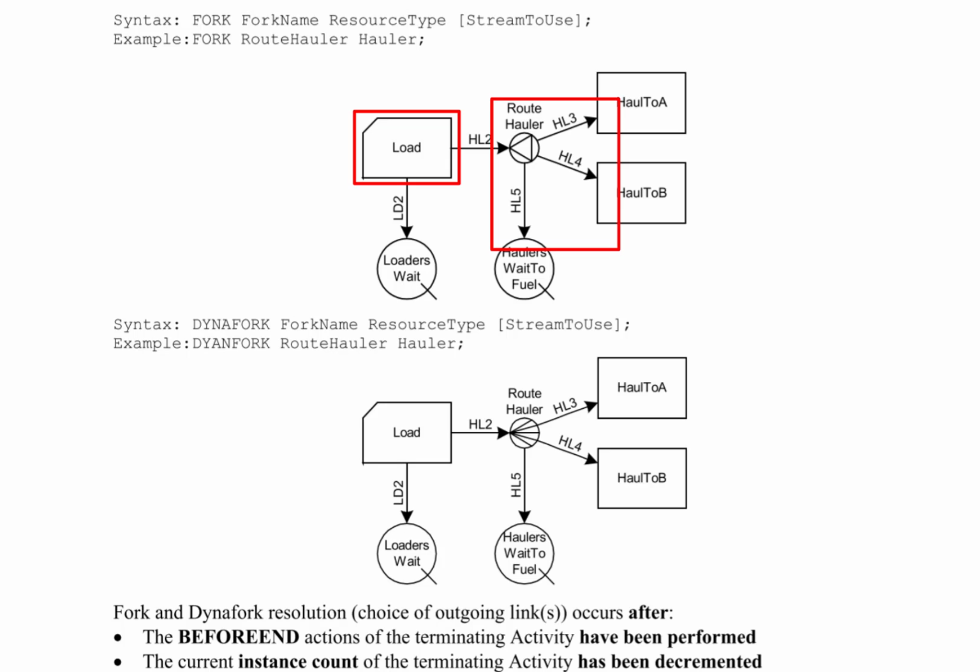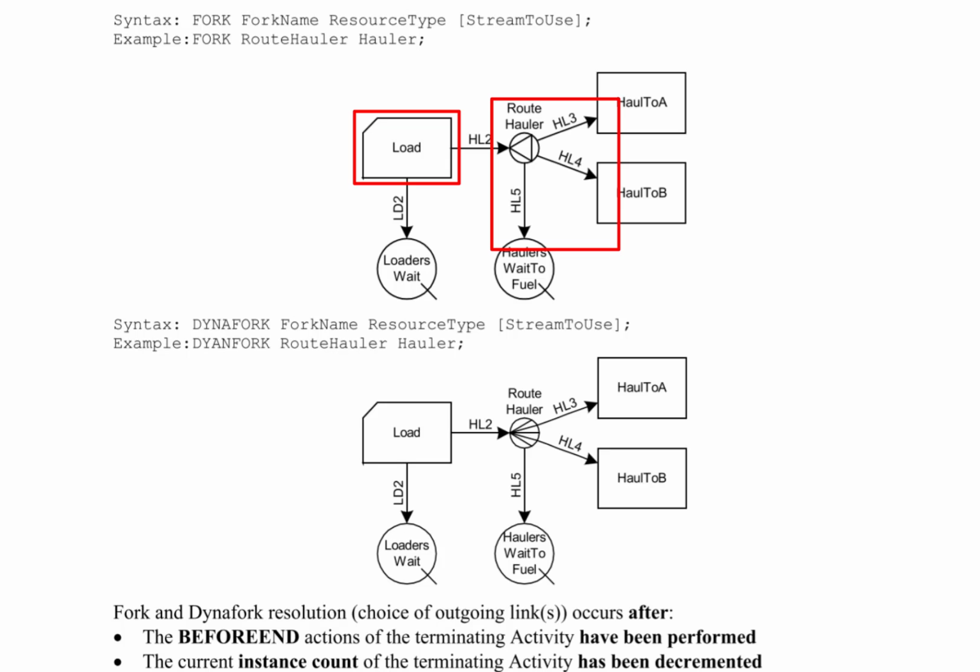If the succeeding node to be activated is a normal activity, then the normal activity will create an instance. Notice that every time an instance of activity load ends, at most one instance will be created, either haul to A or haul to B, and sometimes neither activity will create an instance because the link selected will be HL5.